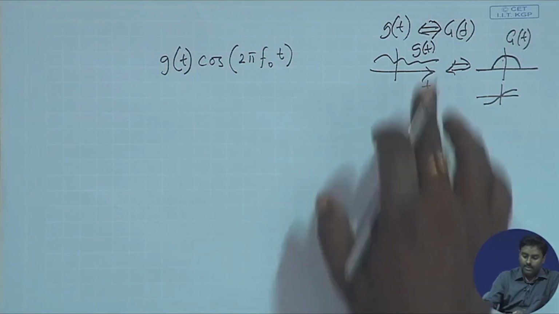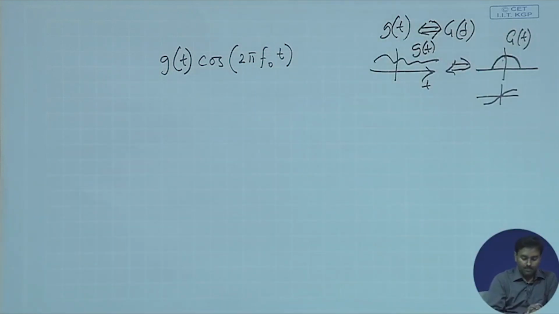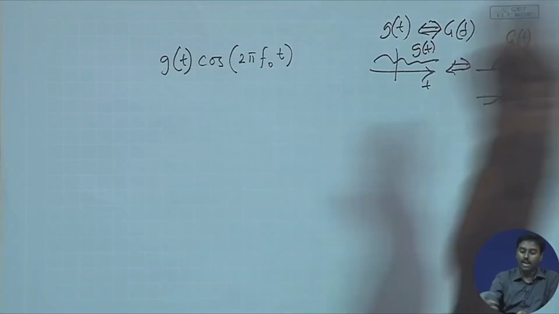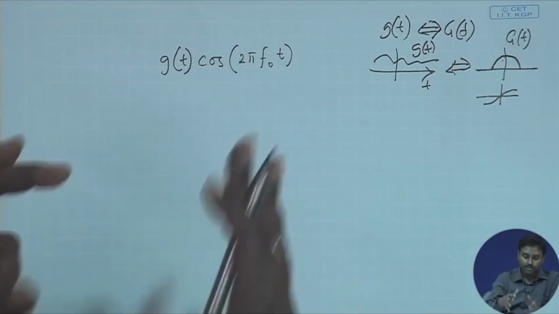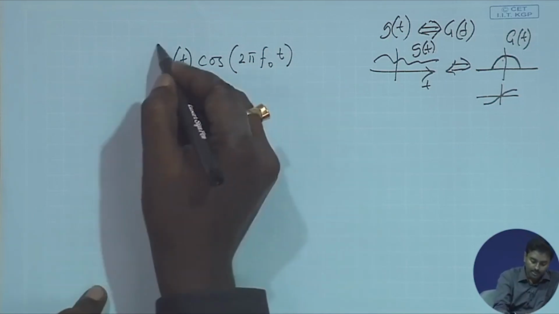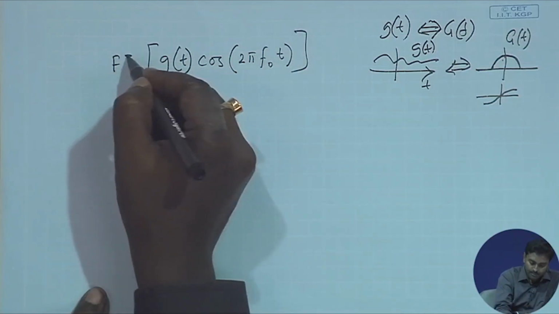Now I know that g(t) goes to G(f) in the frequency domain. If I multiply g(t) with cos omega_c t, how will the spectrum of this composite signal look? I just have to take the Fourier transform of this.